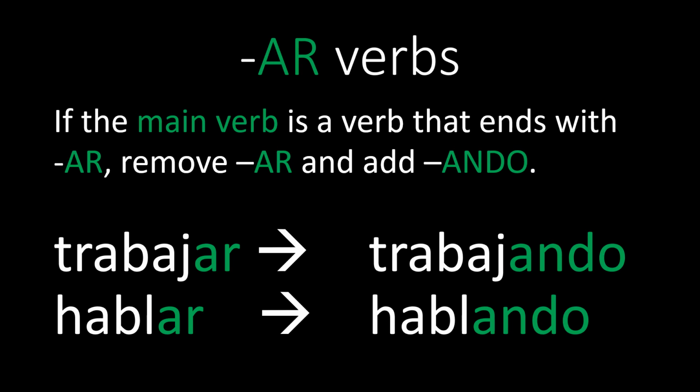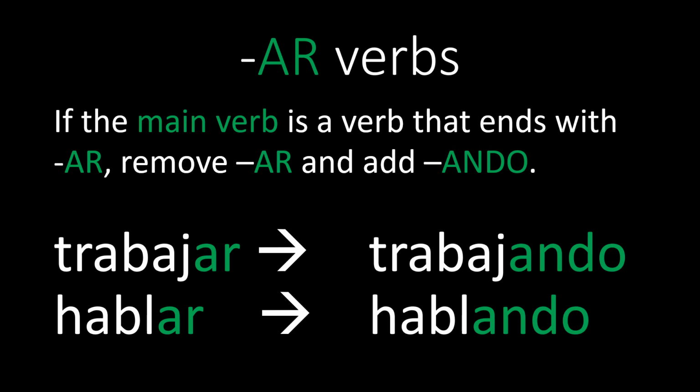After the verb estar, you'll need to add your main verb or your present participle. If the verb that you want to use as your main verb ends with an AR, you're going to take off the AR and add the ending ando. So let's take a look at these two examples. You have the verb trabajar.